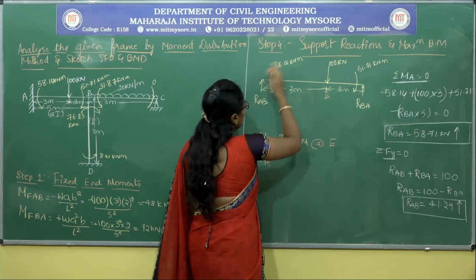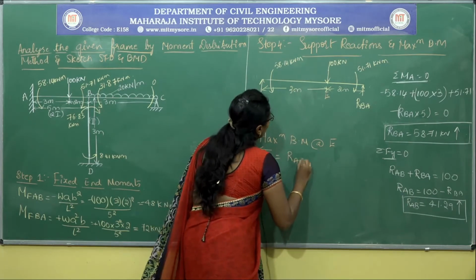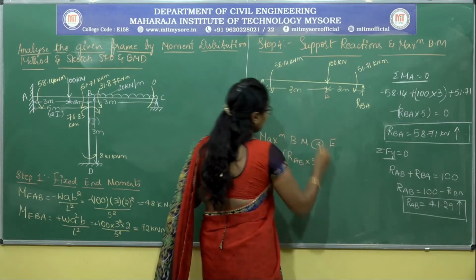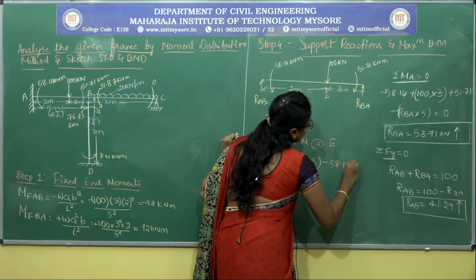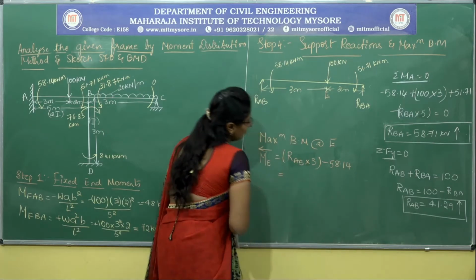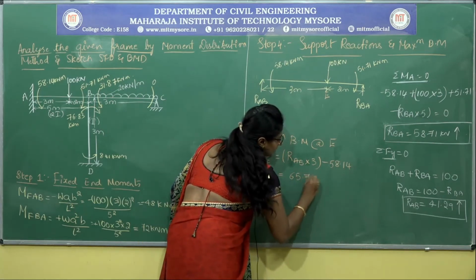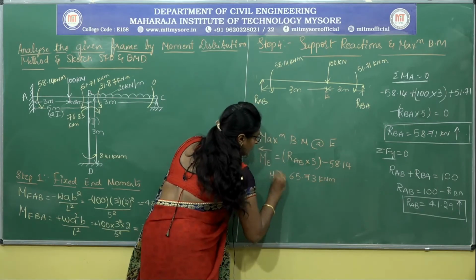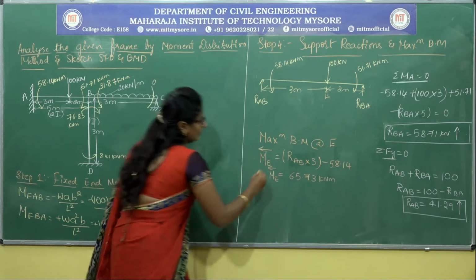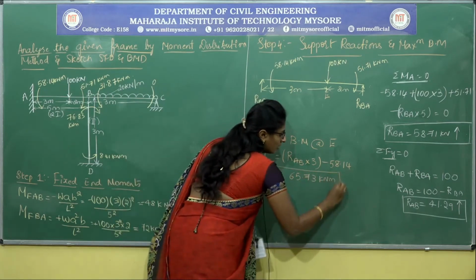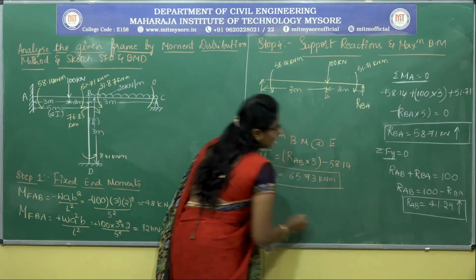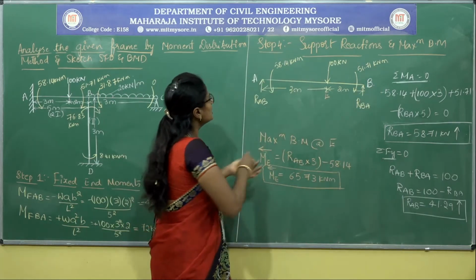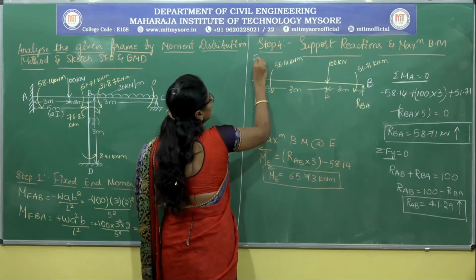For this RAB, so RAB into 3 minus 58.14. This will give you 65.73 kilonewton meter. This is the moment at E. So, this is for span AB.